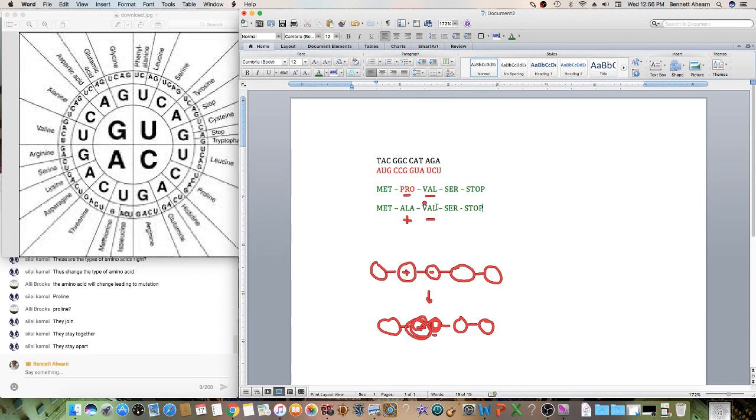They repel each other. You're right, Soleil. So that means that in this case, because of the mutation, these beads, these amino acids, are going to want to get as far away from each other as they possibly can because they repel each other because of their charge, right? The normal protein should look like this, but our mutated protein looks like this instead.